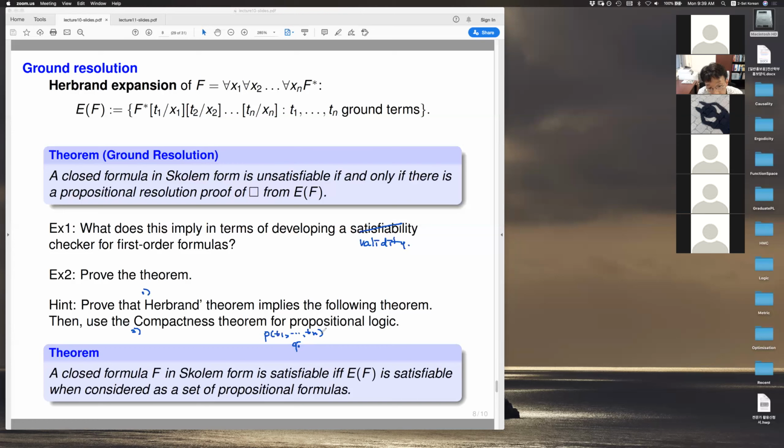The same P applied to t1 to tn should always be replaced by the same propositional variable Qi. If you do it, then you can view this as a propositional logic formula so that you can apply the compactness theorem. So I will give you maybe 6 minutes to solve exercise 1 and exercise 2.